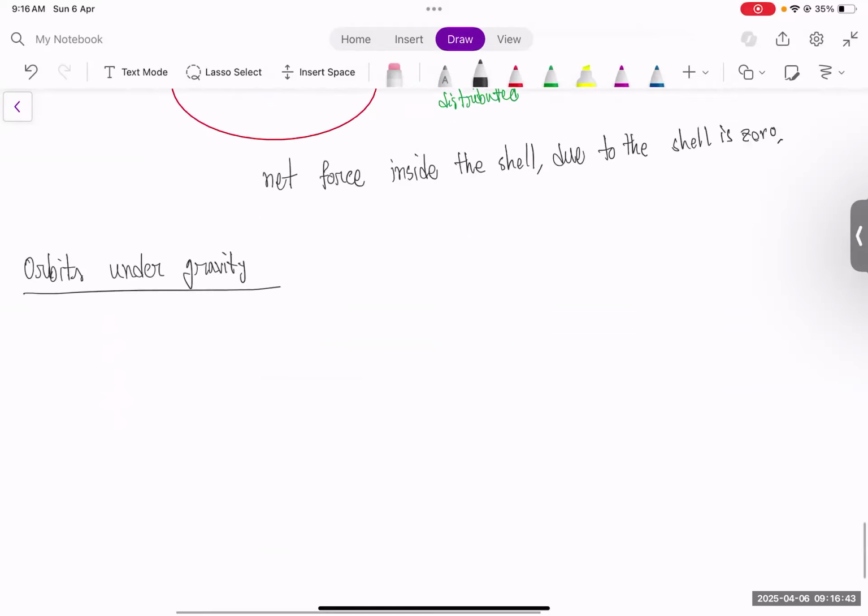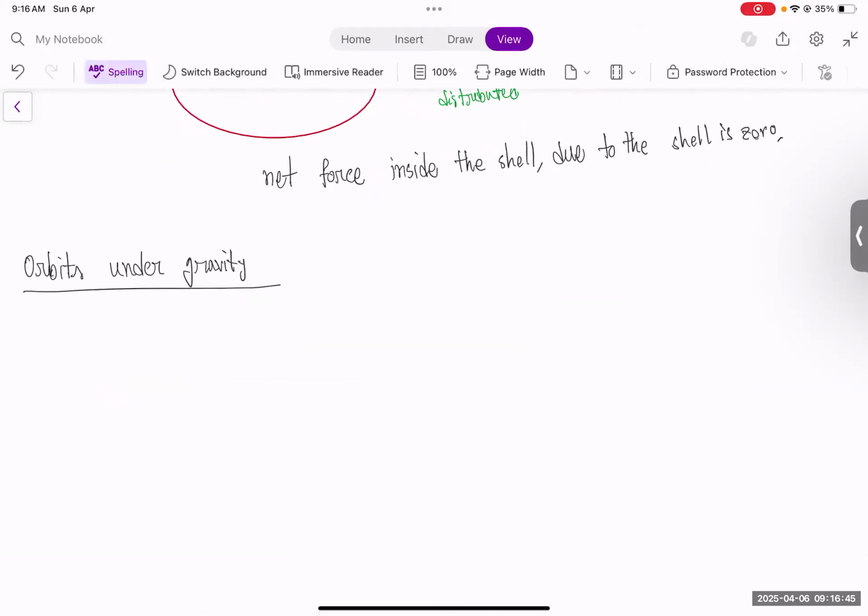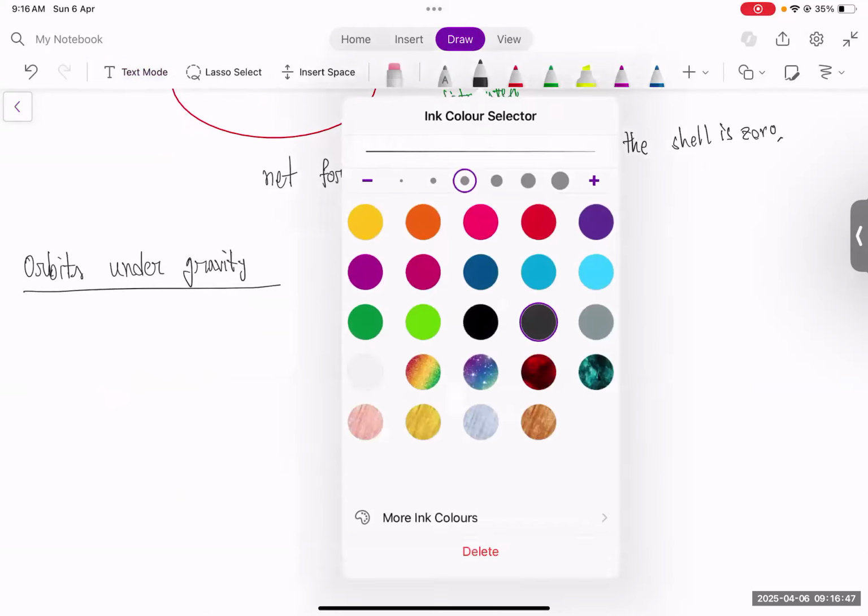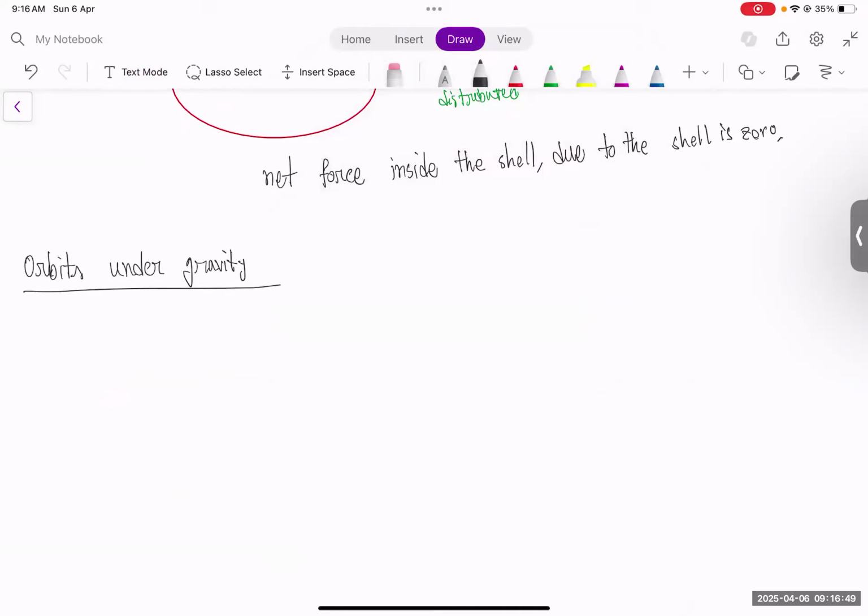And this is actually a large topic as well. So what we will start with is we need to know about centripetal force. Whenever an object moves in a circle, remember, let's say its speed is constant.